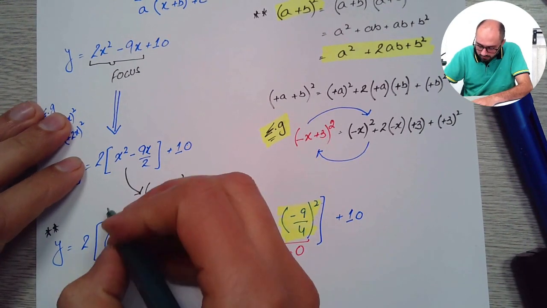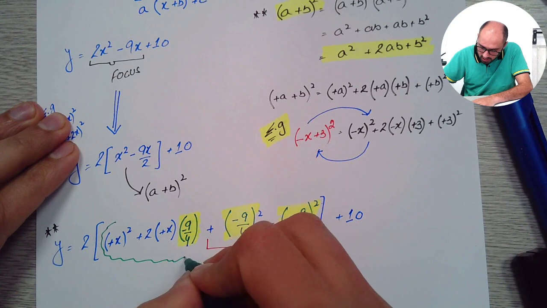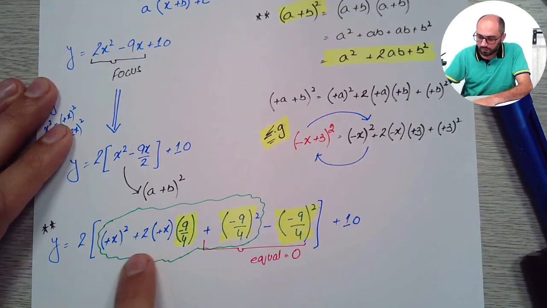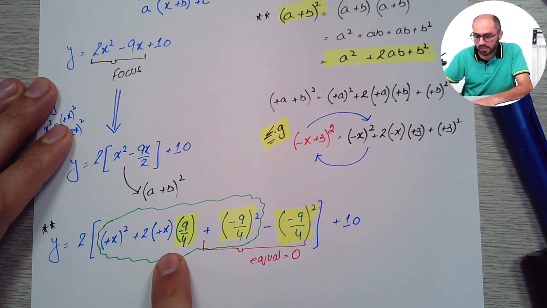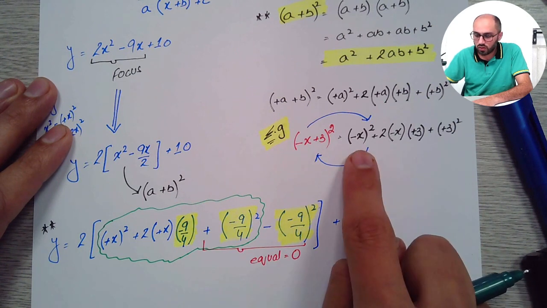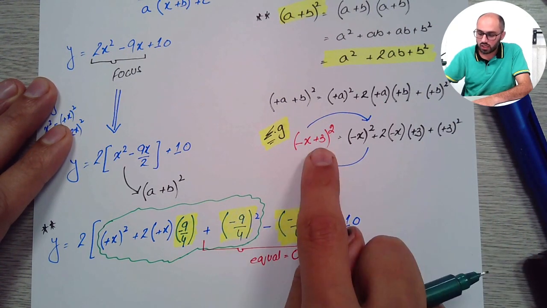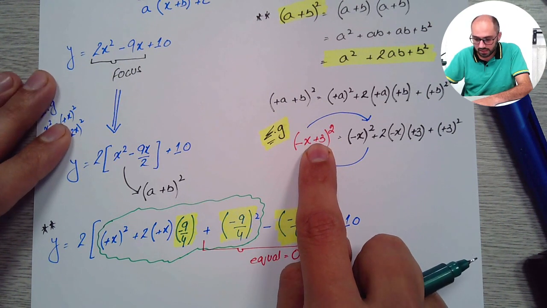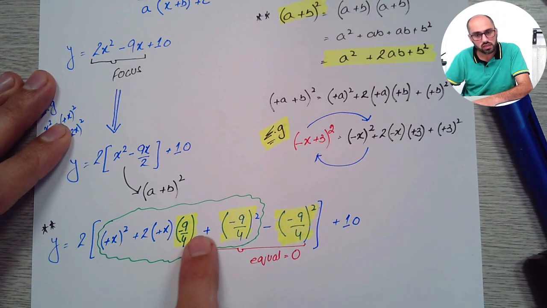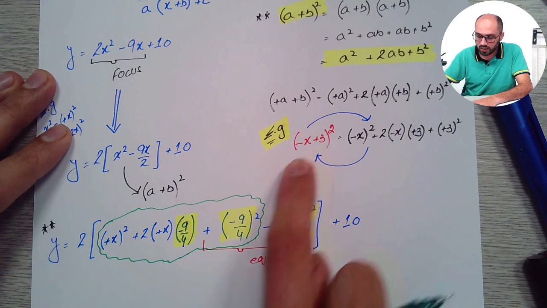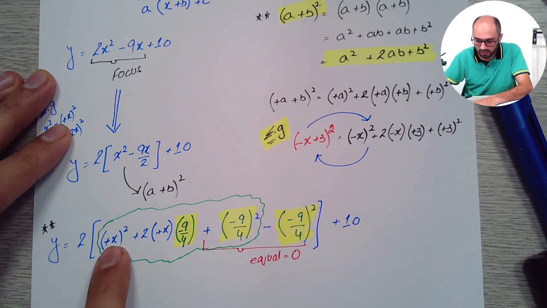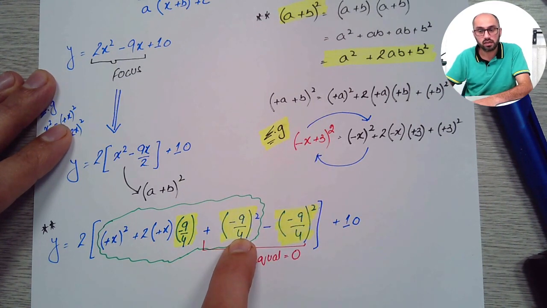Now, I will focus on these three terms. Now, this is the same as this because we know the right side. We can write down these three terms in the form of this. My a is plus x, my b is minus 9 over 4.